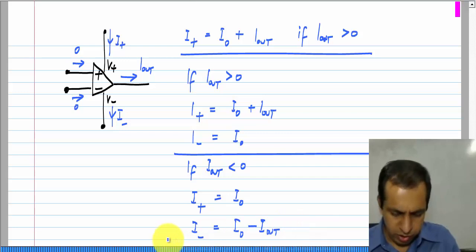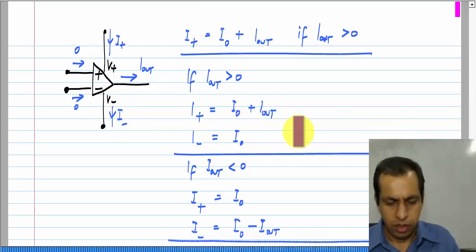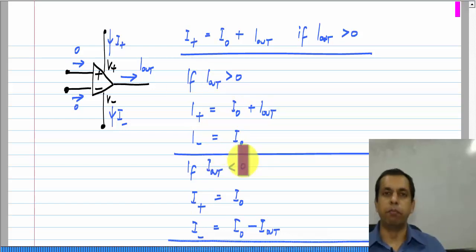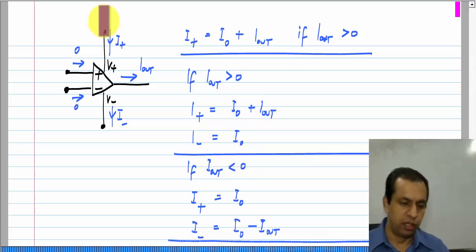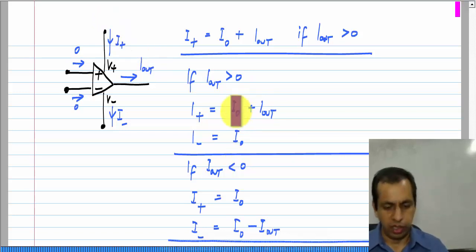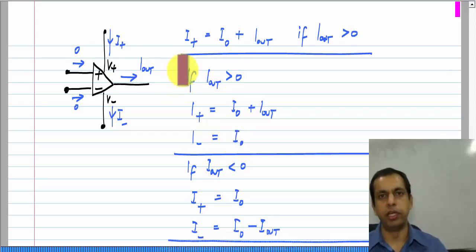So, this first of all satisfies Kirchhoff's current law. Okay. And in fact, this is sort of a simple model and not every op amp may obey this model. It could be that the current through the supplies is exactly a constant and so on. But usually there is a constant part and there is a part that is dependent on how much current is being driven out.